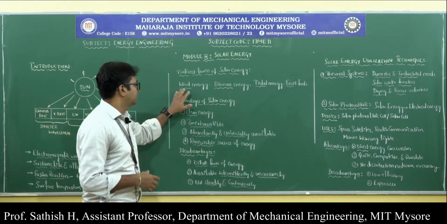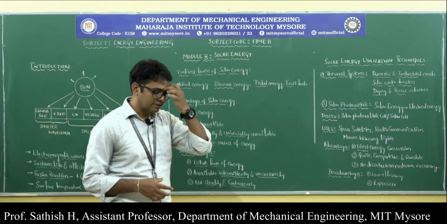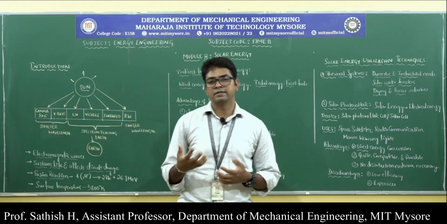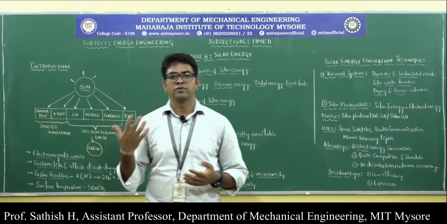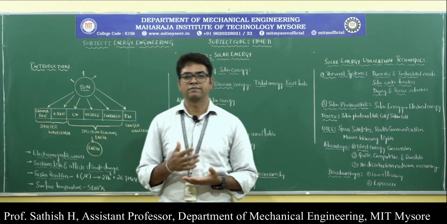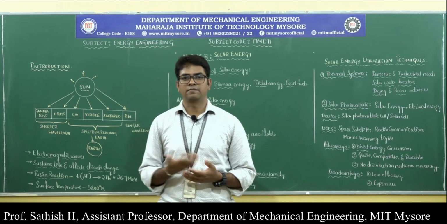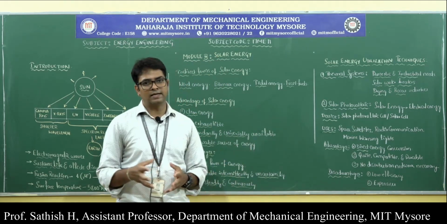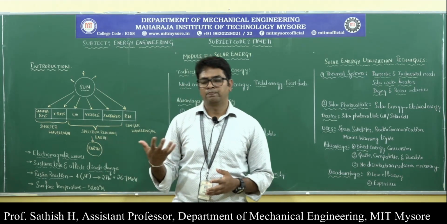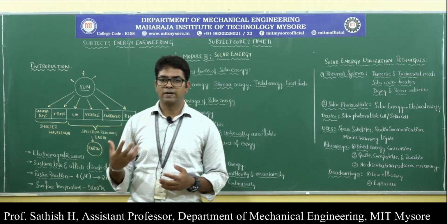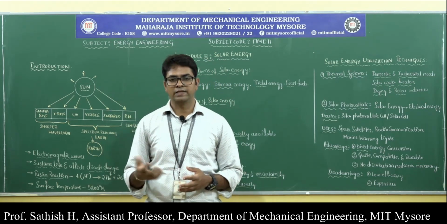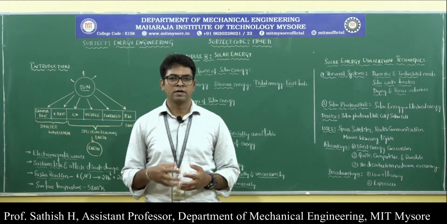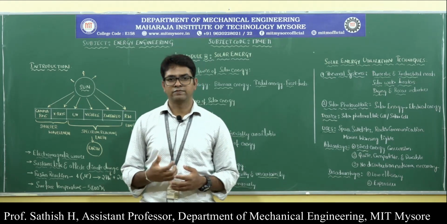Coming to the indirect forms of energy, as I said before, the sun is the primary source of energy. You can take any form of energy on the surface of the earth, and it is coming from the sun. Take biomass energy: the plants prepare their food through photosynthesis by absorbing energy from the sun.